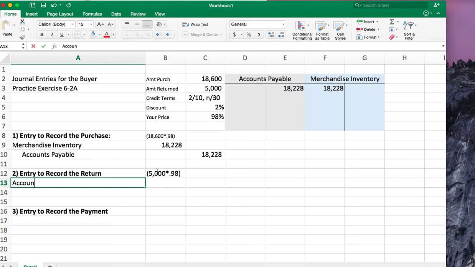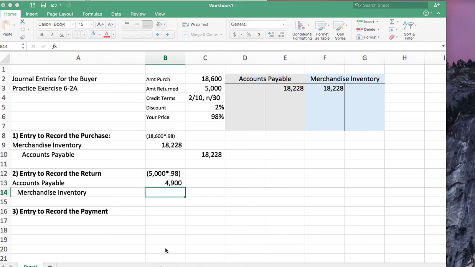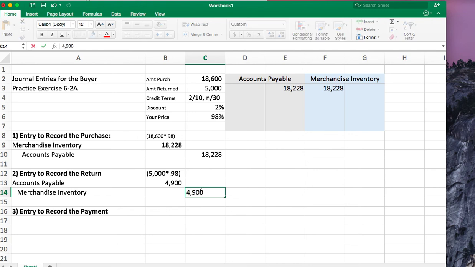So you'll debit accounts payable and you'll credit merchandise inventory. And hopefully now you have the amount, $4,900. And then you're going to credit merchandise inventory for $4,900.